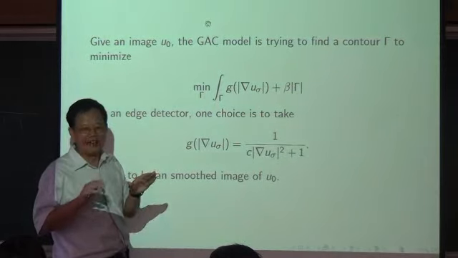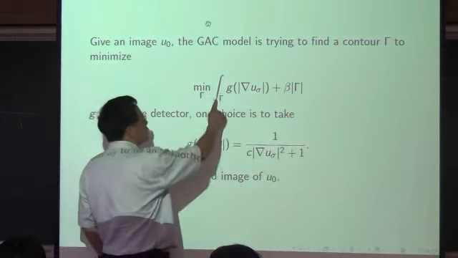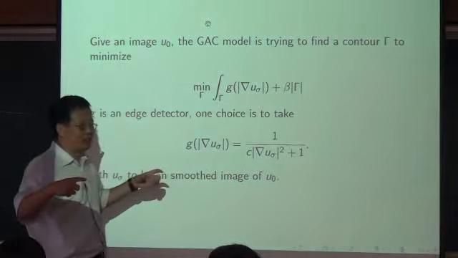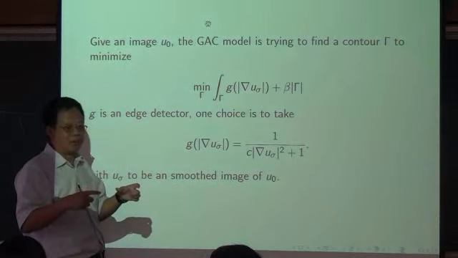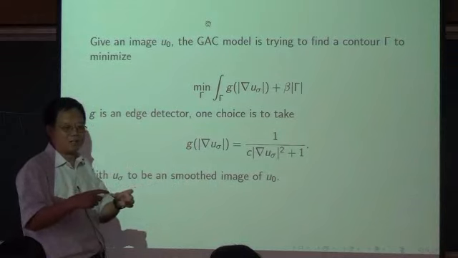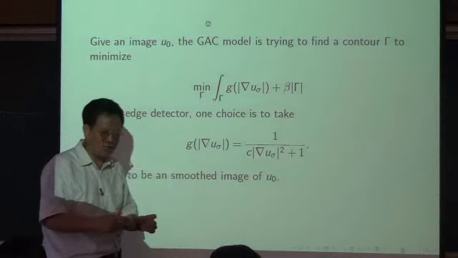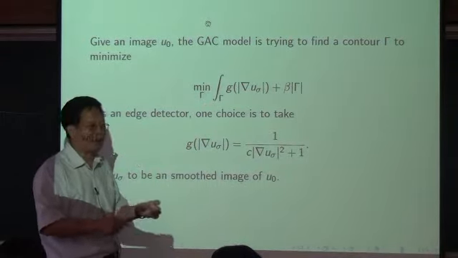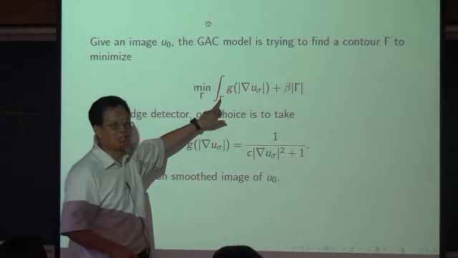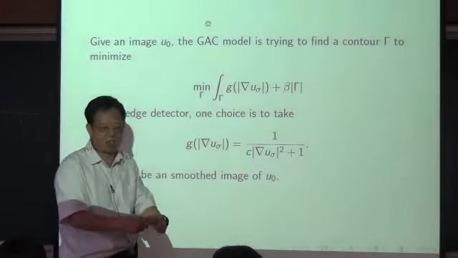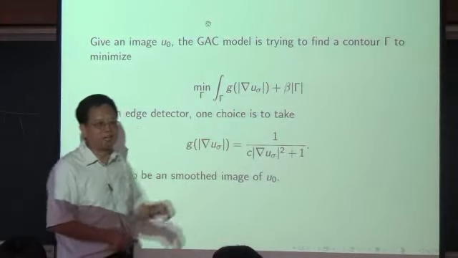That's a weak point. But otherwise, if you start with a curve surrounding the edge points, it will shrink. Once the curve gets to the edge, it will stop there, because the integral of this function on such a curve is the smallest. If you shrink even more, it gets bigger.